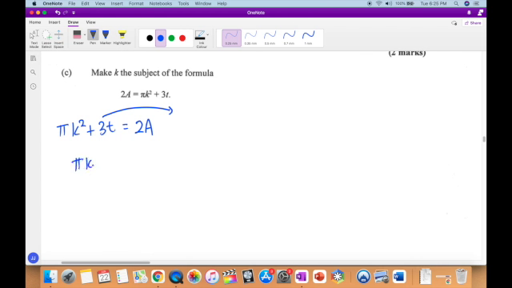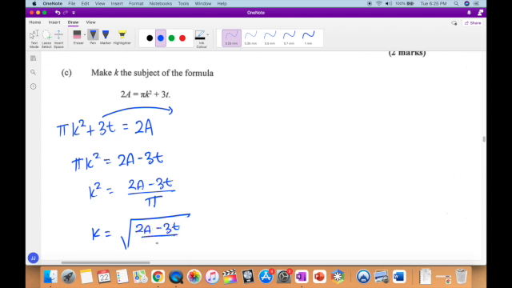So pi k squared is equal to 2a minus 3t, right? Now k squared is equal to 2a minus 3t all over pi, and therefore k is going to be the square root of 2a minus 3t all over pi.